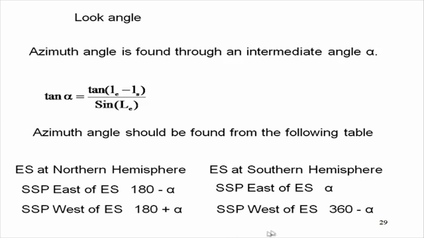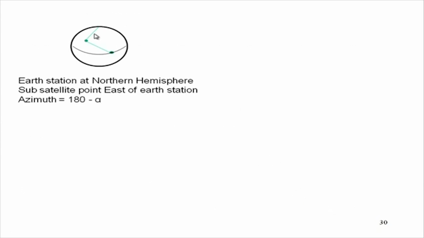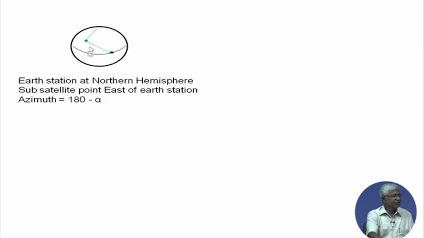This table has to be remembered because geometrically it can be explained. I will try to do it briefly. Let us say this side is north and this is the equator, this is the northern hemisphere, and your subsatellite point is here, a station is here. So, the azimuth will be from north to this angle.